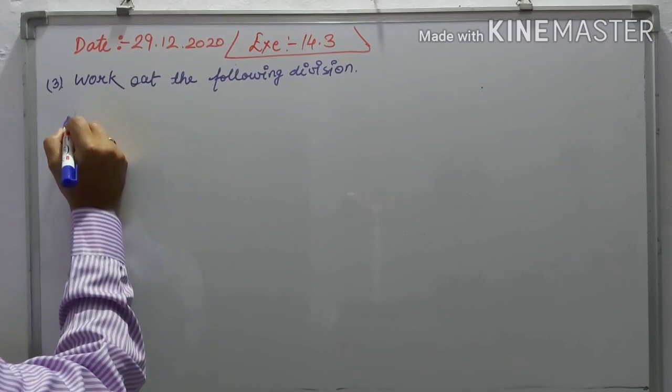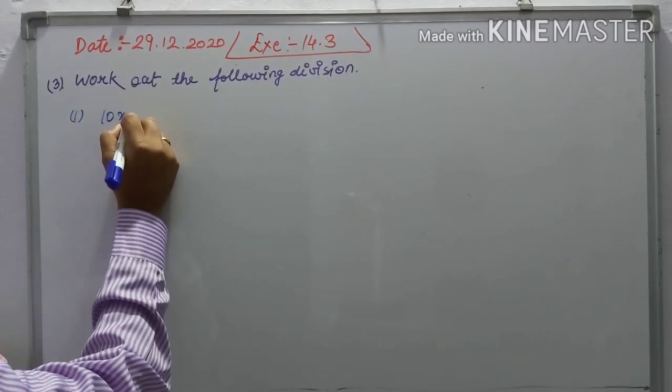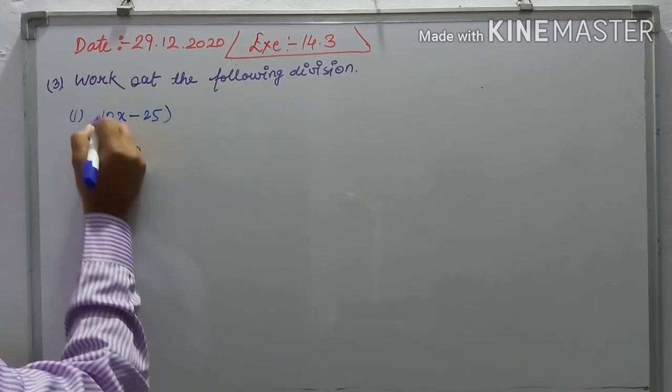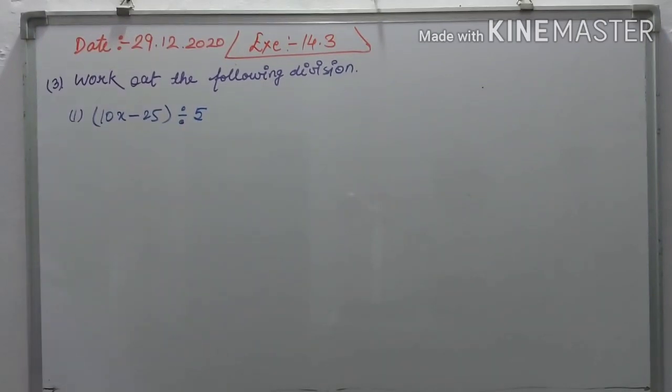So the first question is 10x minus 25 divided by 5.